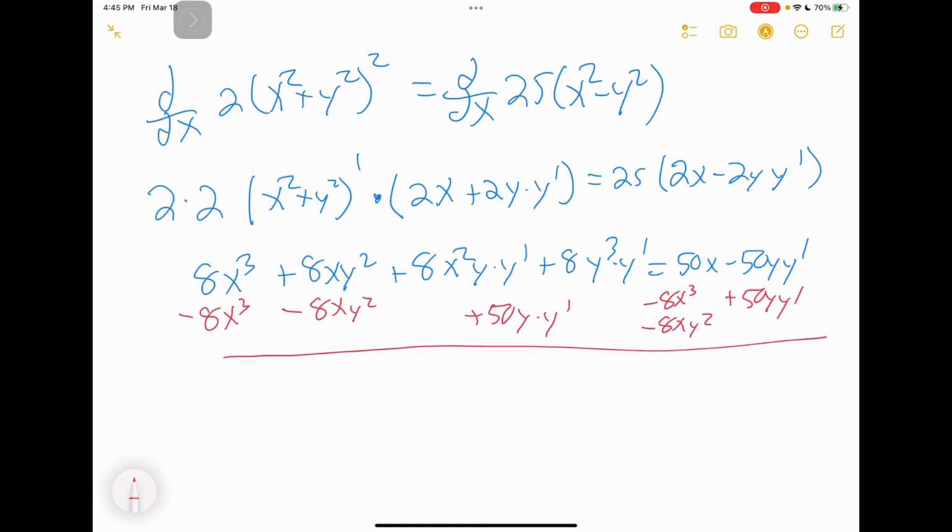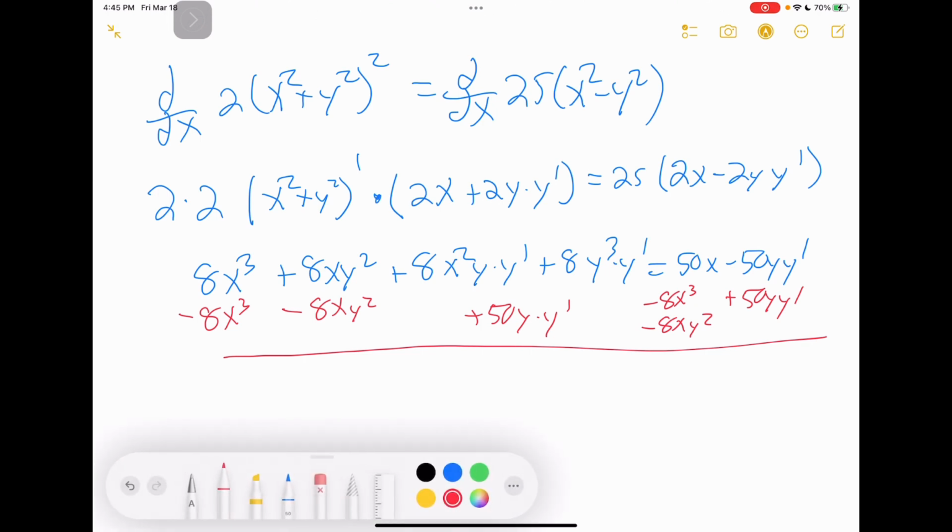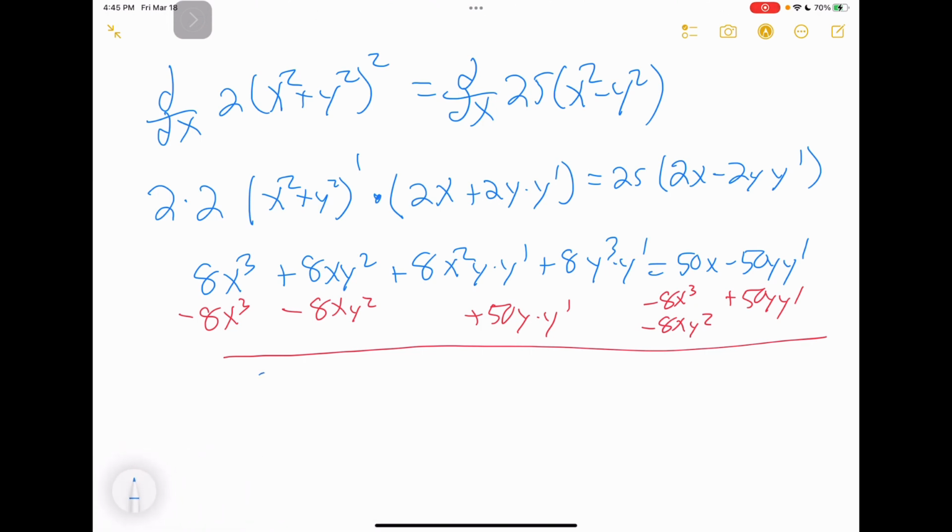This gives us 8x squared y times y prime plus 8y cubed times y prime plus 50y times y prime equals, then we have our 50x minus the 8x cubed minus the 8xy squared.